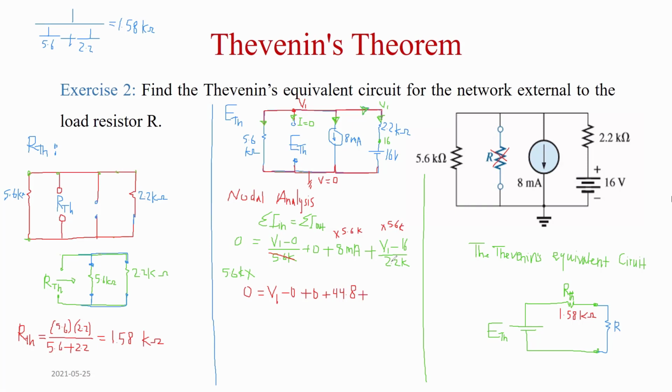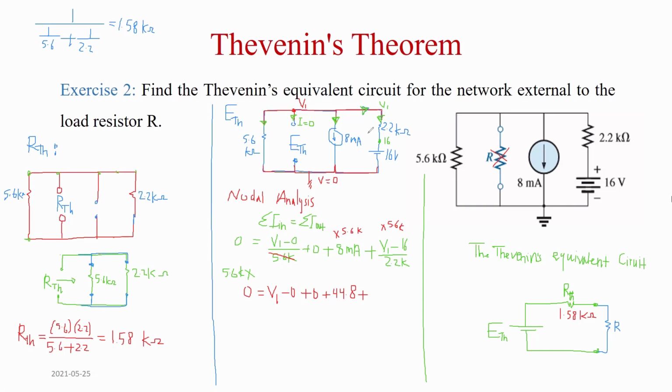Then here, 5.6 divided by 2.2, I don't know how much is that. Can anyone give me the answer? 5.6 divided by 2.2. The k will cancel out with the k. 2.5.